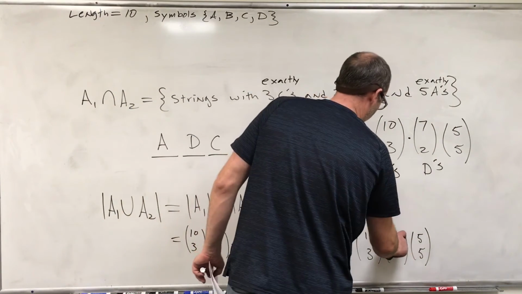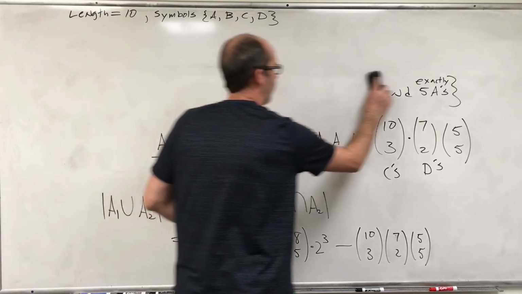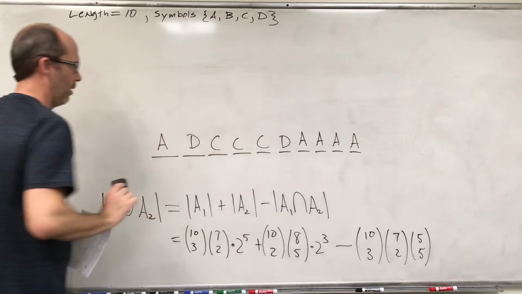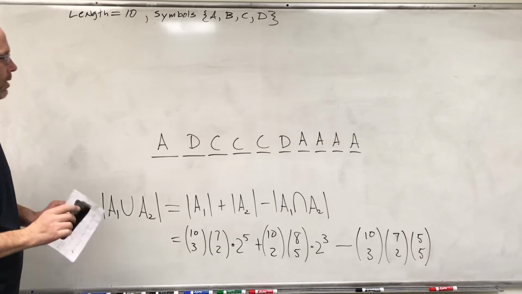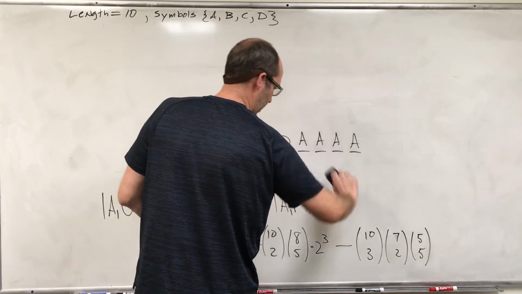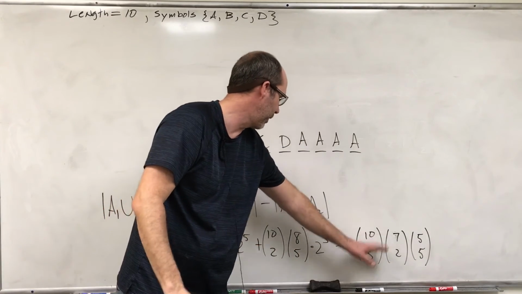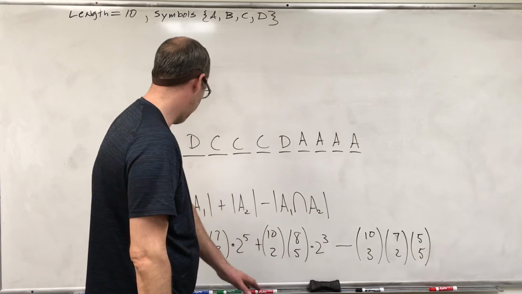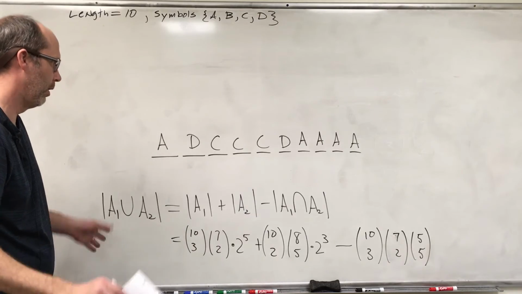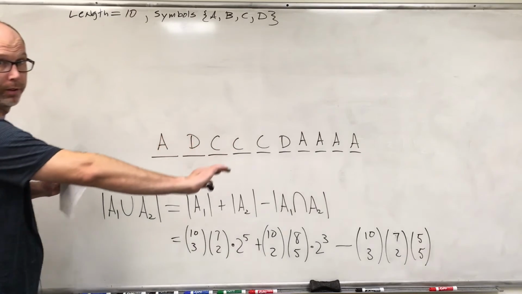So what is this saying? Is this saying that there's only one place where this is exactly how it looks, with the 5 A's in this position? That's not what it's saying. It's not saying that the 5 A's are always going to go in the first position and the last 4 positions. What it's saying is that once we choose the 3 places for the C's, and then the 2 places for the D's, there's only one way to put in the 5 remaining A's.